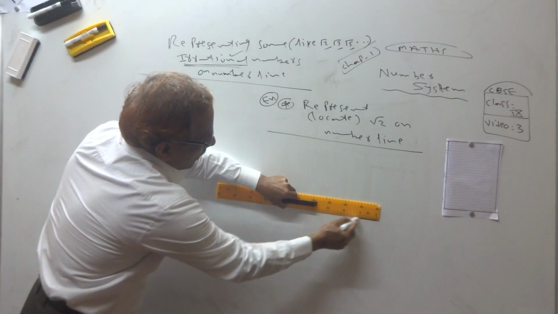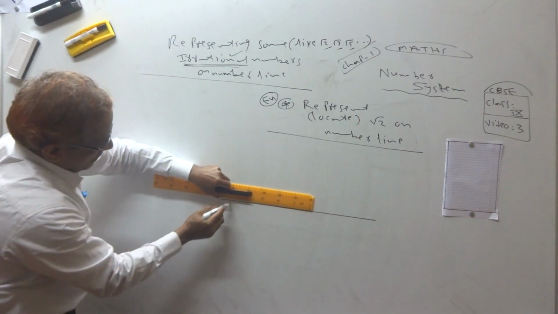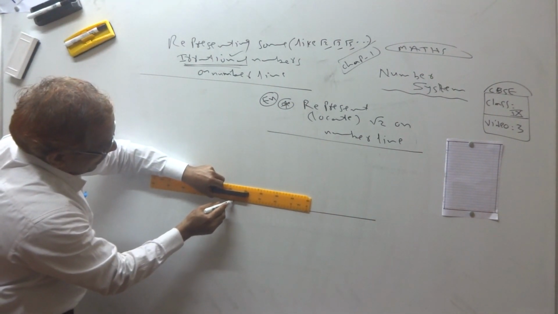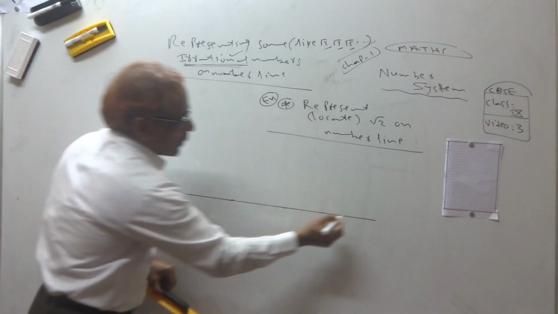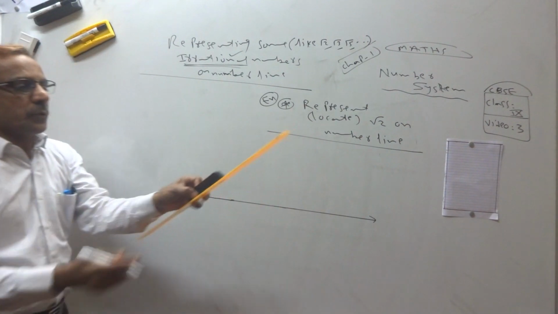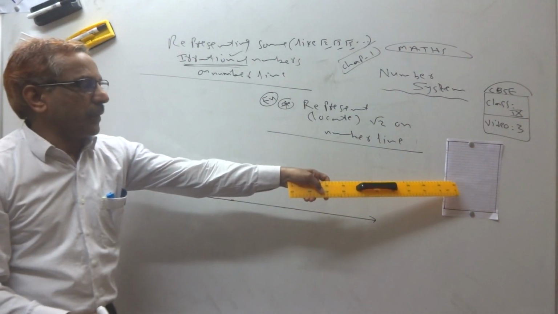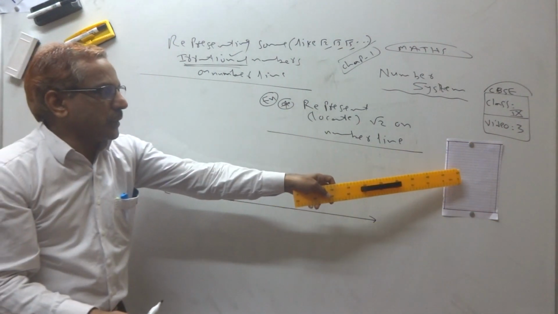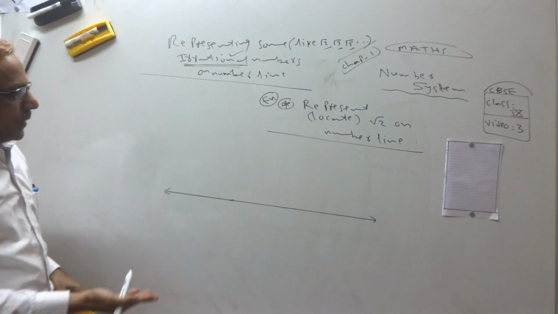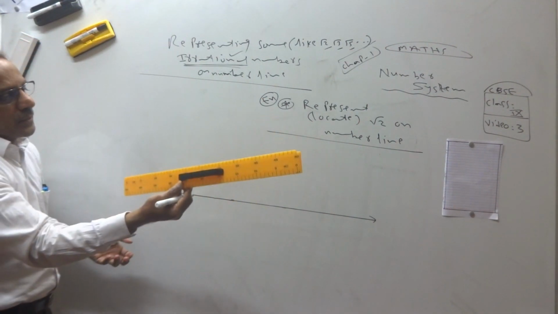So I am making a number line first. First I will show you by using this big scale. Then I will show on paper, because in the exam you have to give this answer on paper, of course. For more clarity I am taking this big scale.